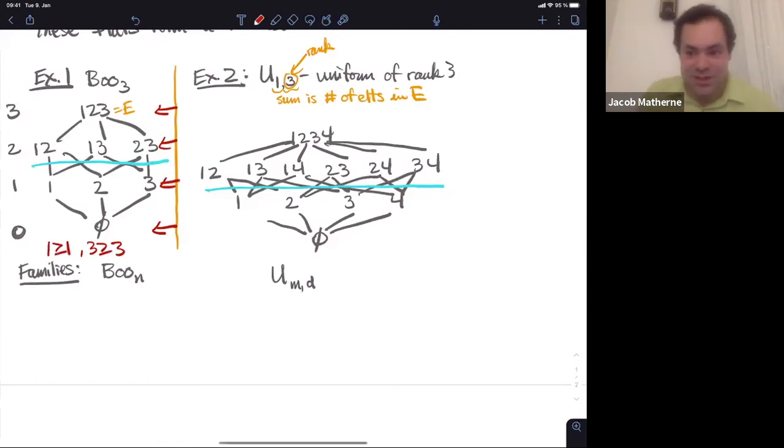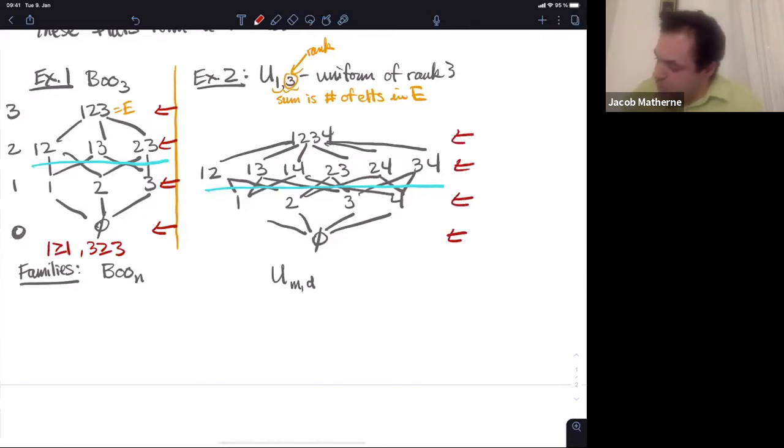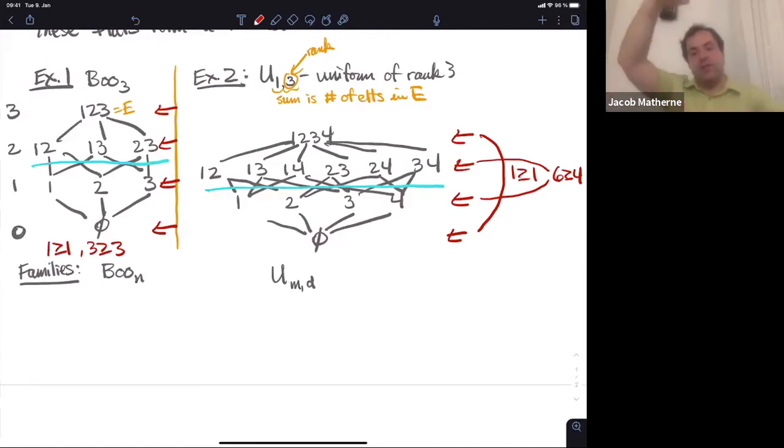For these Boolean matroids, it's not so interesting, they're completely symmetric. But for the uniform matroid, I could compare this one to this one, and also this one to this one. These two give me 1 greater than or equal to 1, and these two give me 6 greater than or equal to 4. So the top-heavy conjecture says in complementary degrees, you always have more things on the top than in the complementary degree on the bottom.